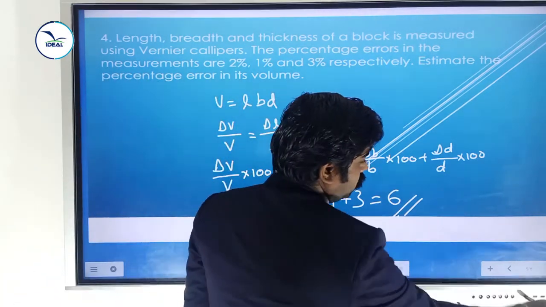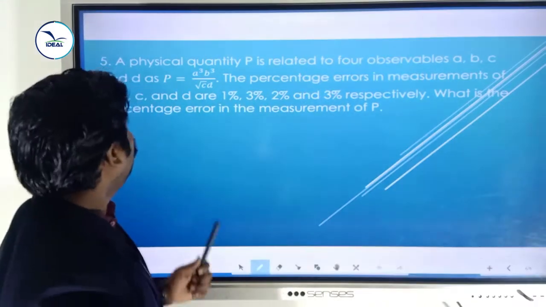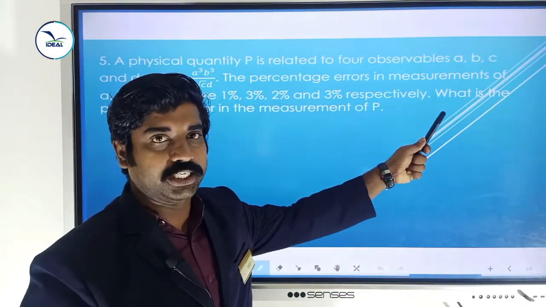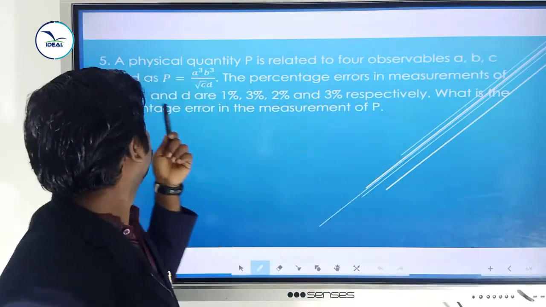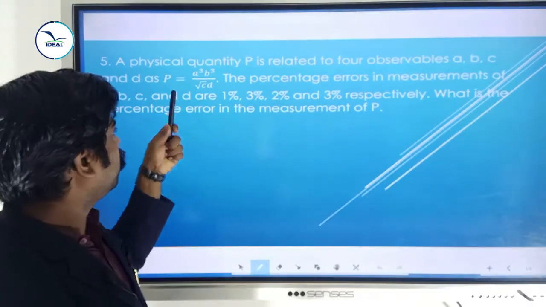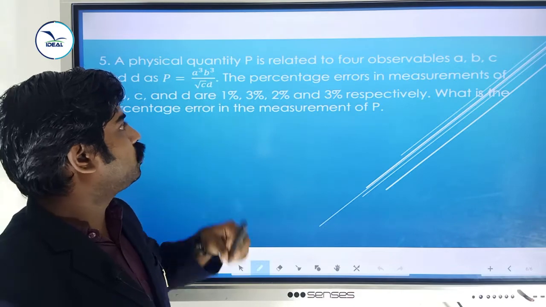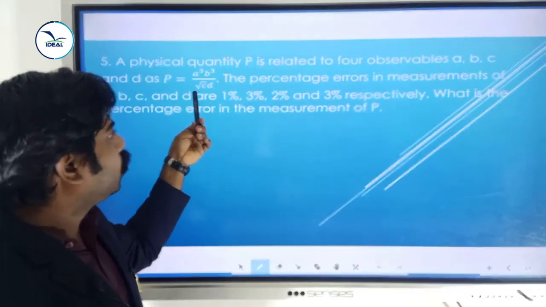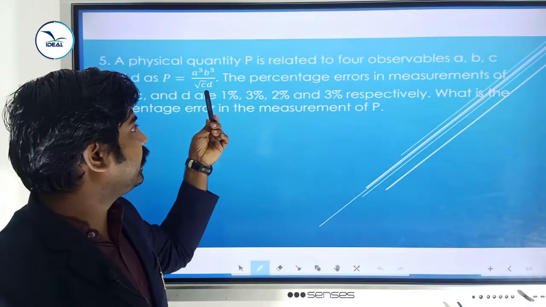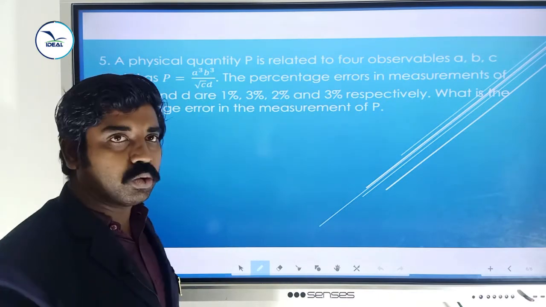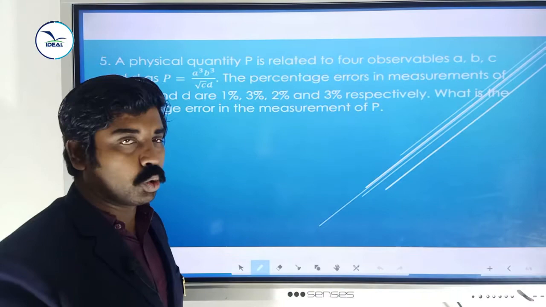Okay, and the next one. A physical quantity P is related to 4 observations A, B, C and D as P equal to A raised to 3, B raised to 3 by root C into D. C only in root, D has no root.